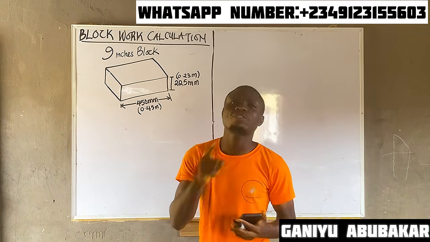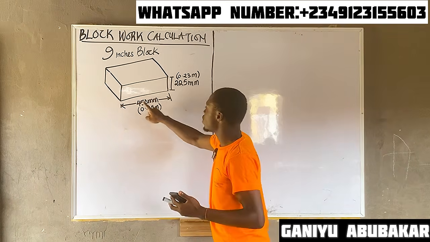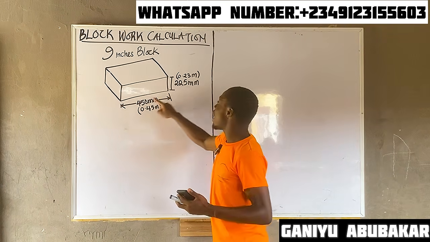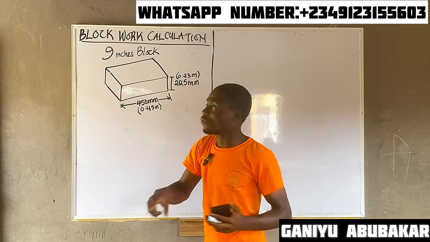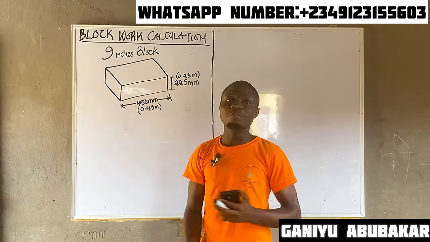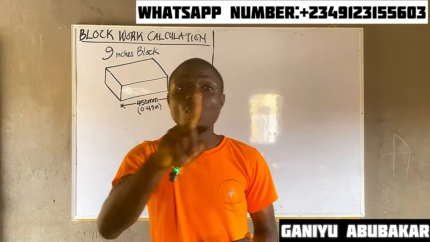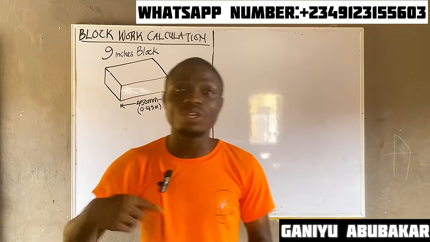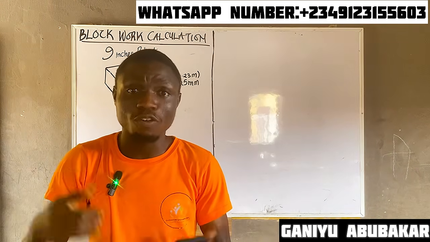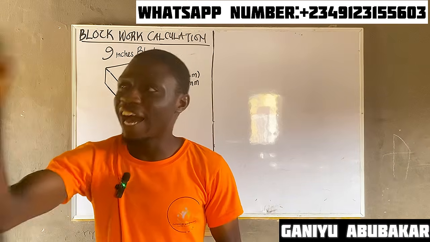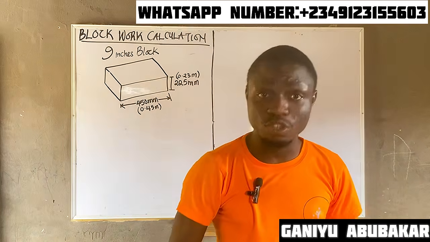And for 9 inches block, the length is 450 millimeters, and the height, or perhaps thickness, is 225 millimeters. What you need anywhere in the world is to get the dimensions of the block they want to use: the height of the block and the length of the block. That's all.